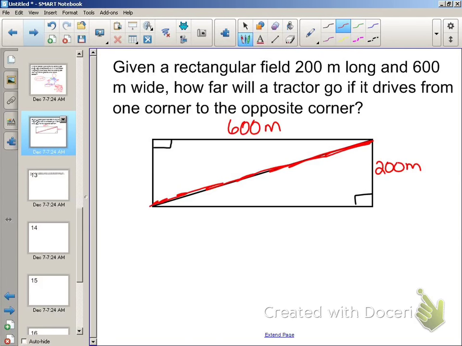Now, you should notice that we have two right triangles. Anytime we cut a rectangle in half, right down the middle, down the diagonal, we're creating two right triangles. I know that both of my sides are 200 meters and both of the other sides are 600 meters. So if I only focus on one of these right triangles, I'm going to just scratch this one out.